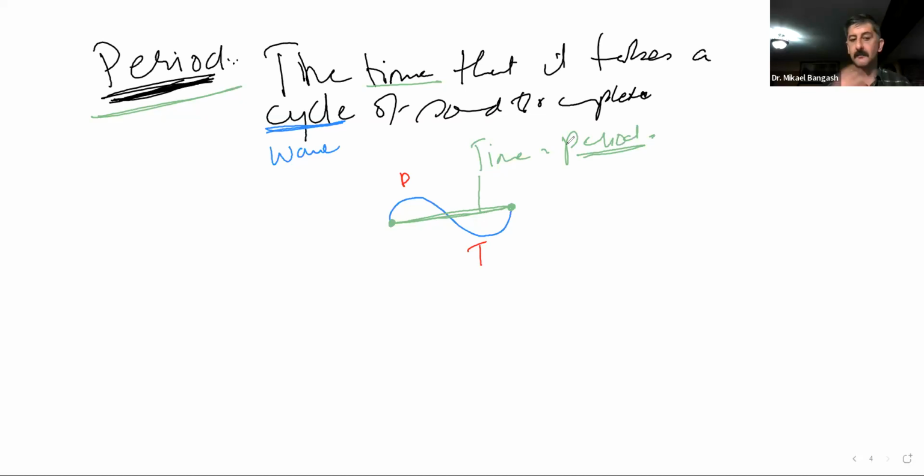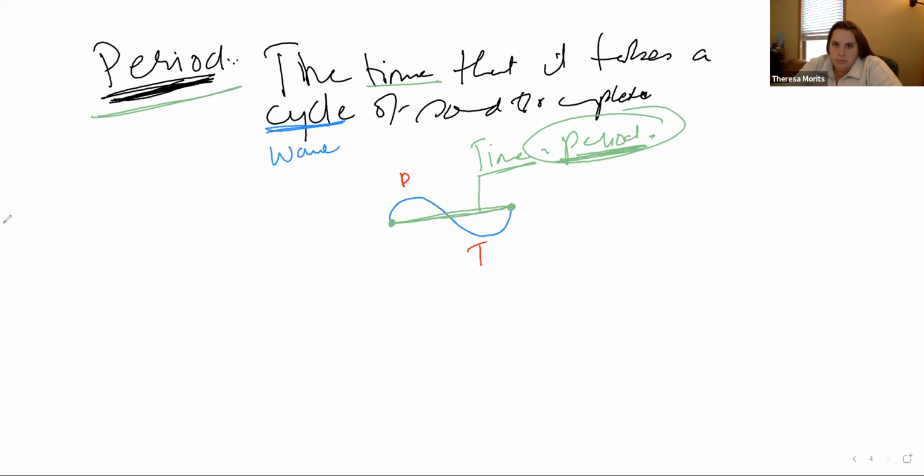You can say seconds, minutes, hours, days, weeks, months, and so on, as long as it is a standard unit of time that can be used to express the period. Did you guys get that? Good.